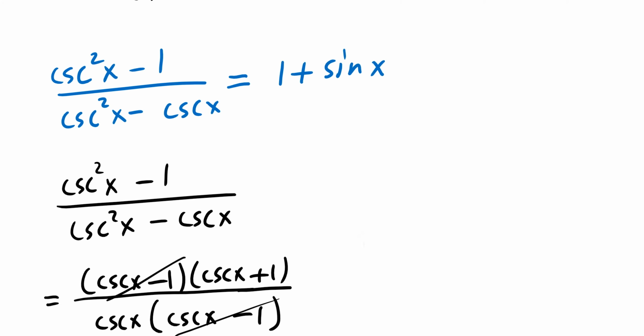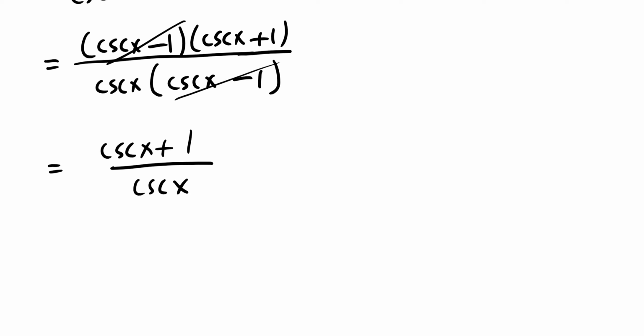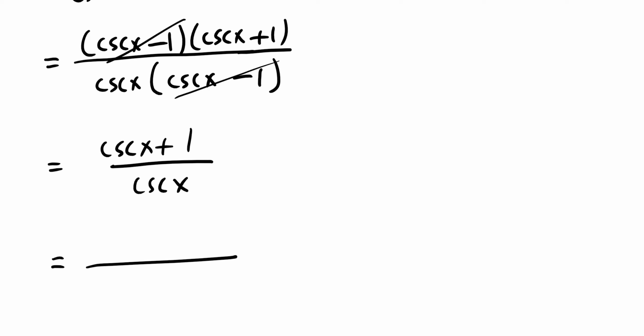If you look at the right hand side, there's no cosecant, it's only sine x in there. So what we need to do here is convert this into sine. We know cosecant by the reciprocal identities is 1 over sine. The 1 stays the same over 1, and this is 1 over sine. This is called a complex fraction.